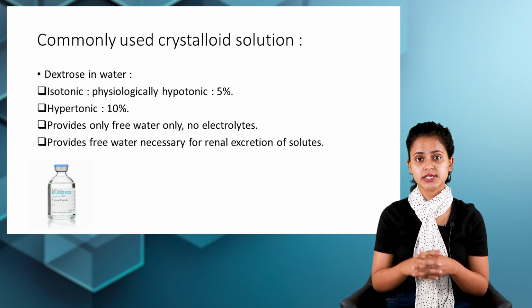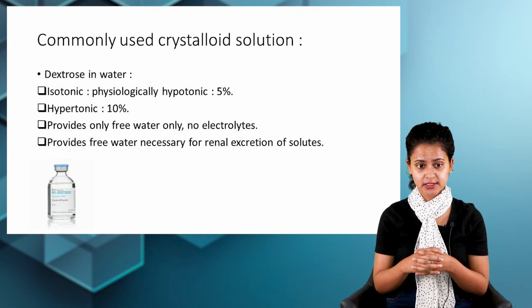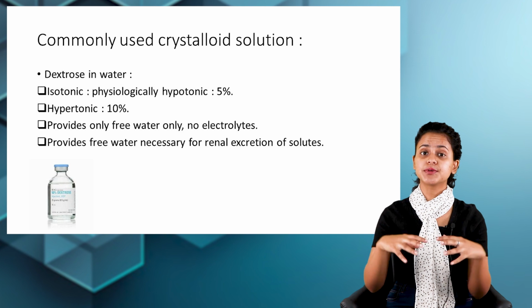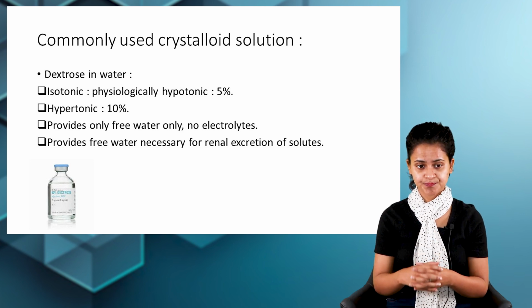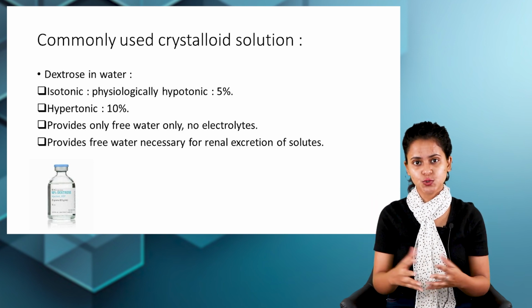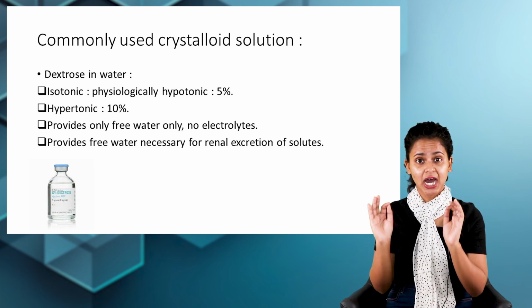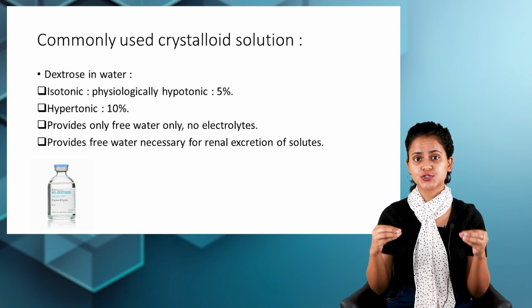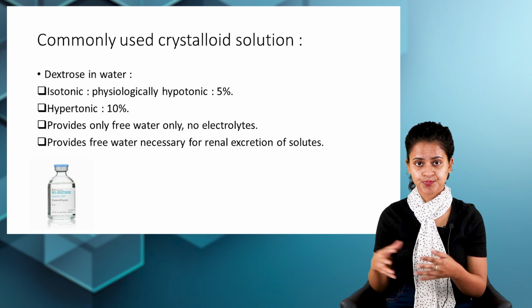Basically, we find two types of solution here: an isotonic solution of dextrose and a hypertonic solution of dextrose. The isotonic solution, which is also known as a physiologically hypotonic solution, is basically 5% dextrose in water.